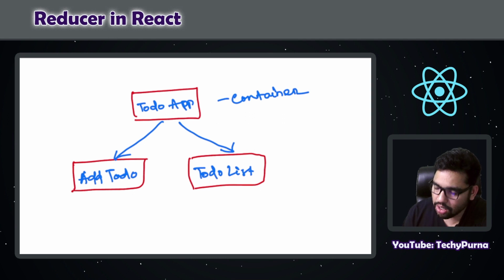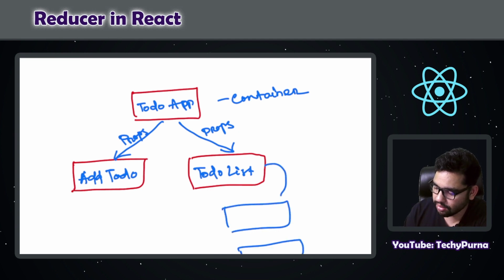If you do not use the context API, what will happen? I'll have to pass the data from here to here. We have to pass the props here or here, and let's say we have n number of components. Everywhere we have to pass the props, from top to bottom, and if we are not using a global state, we have to pass the props from top to bottom, one by one.